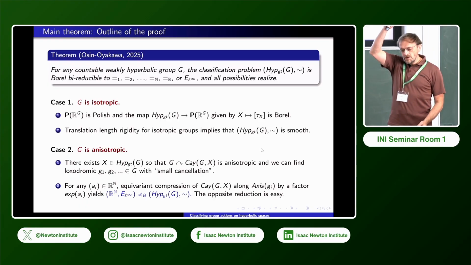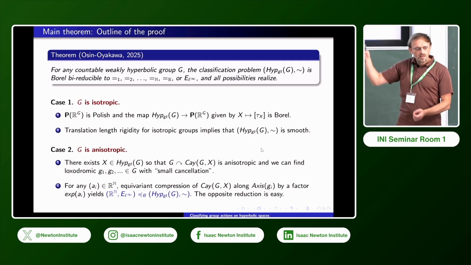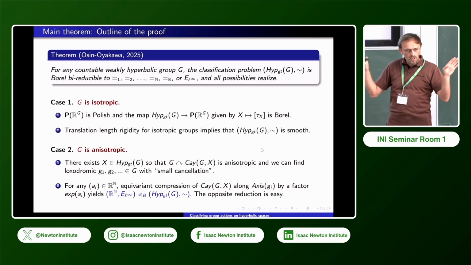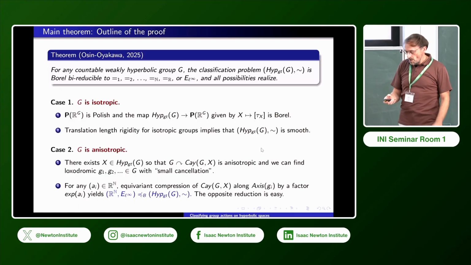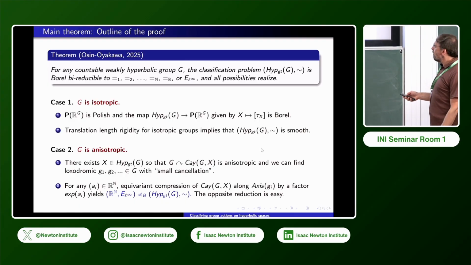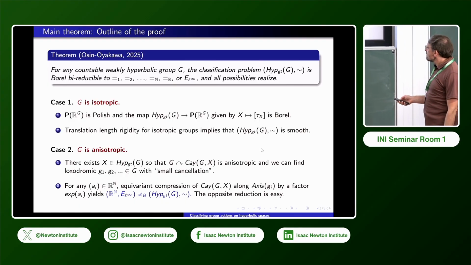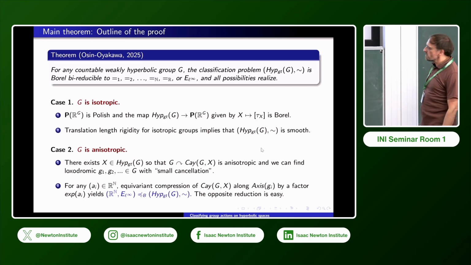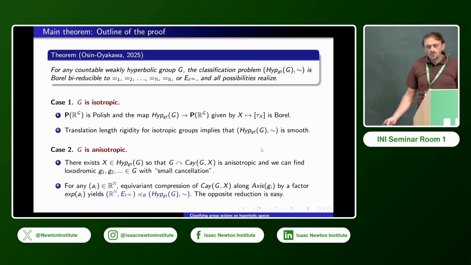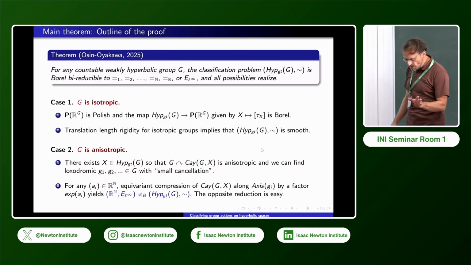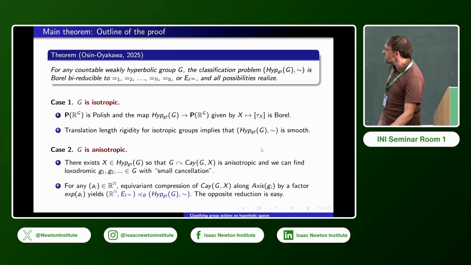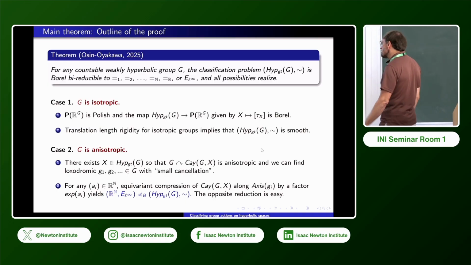And we can equivariantly compress our action in those directions, and this can be done independently, which gives you an embedding of this relation EL infinity into the classification problem we want to solve. So this is a little technical and requires some sort of small cancellation type arguments, but that can be done.